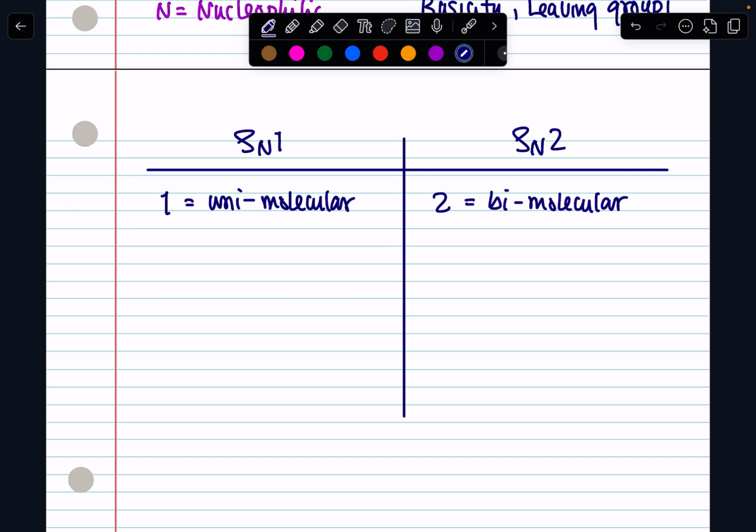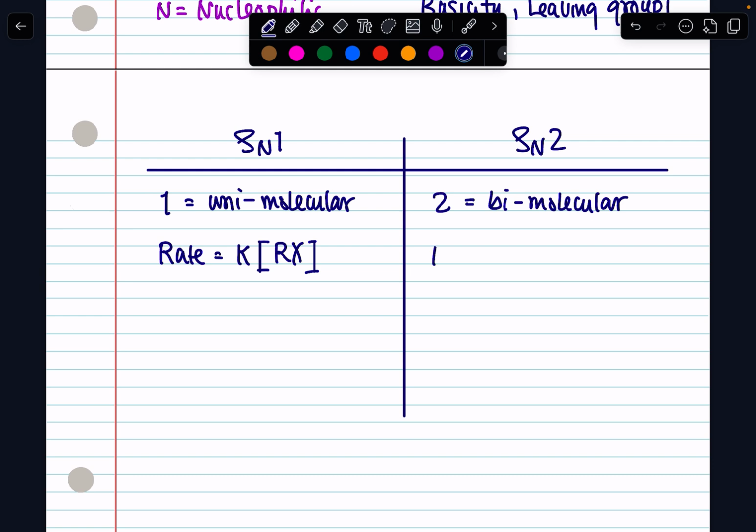The other difference is that the rate of the reaction is defined as k[Rx]. I'm going to explain these rate formulas in Unit 2, actually Unit 3, I believe.